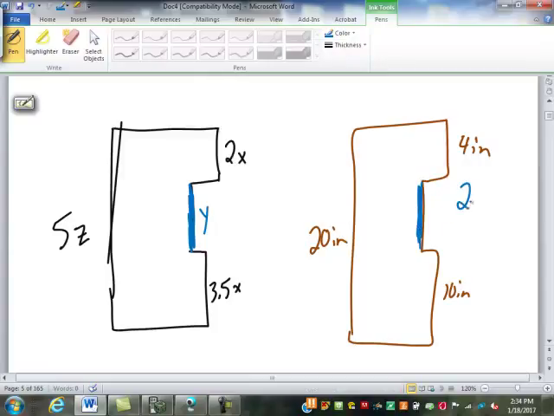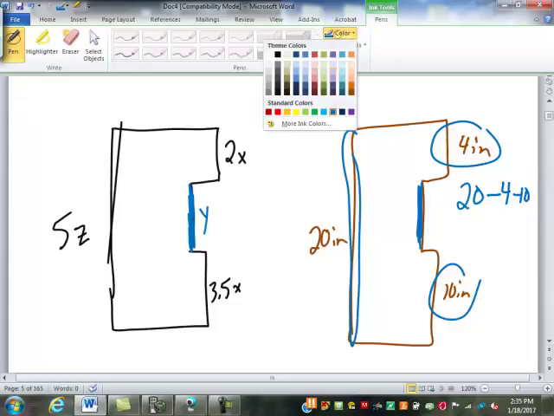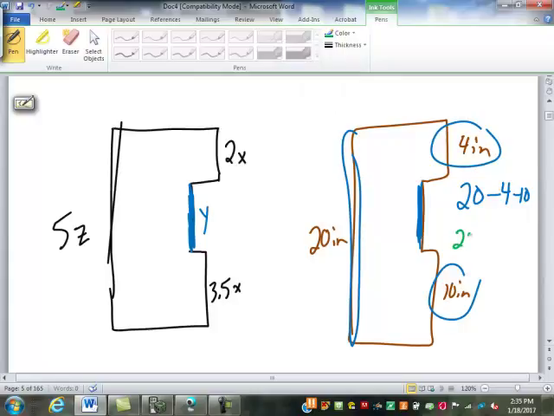Well, I'd start with 20, and then what would I do? I would subtract the 4 and the 10, right? Subtract 4, subtract 10. In fact, I could do it a couple of different ways. I could take the 20 and subtract 4 and subtract 10, or I could do 20 and subtract 4 plus 10 in parentheses.